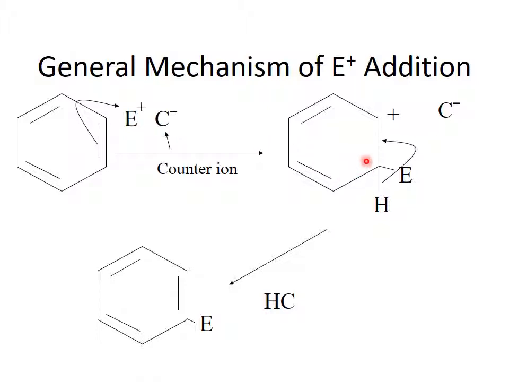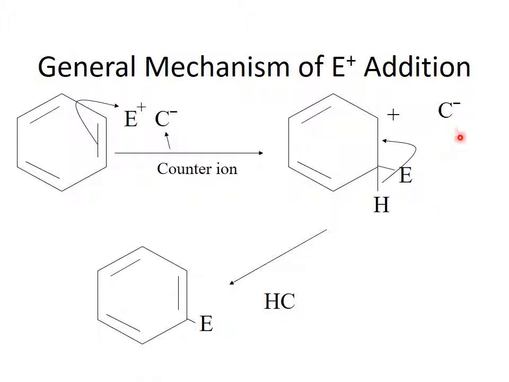It makes this temporary non-aromatic compound, but that intermediate carbocation is stabilized by conjugation with the pi system here, and there are resonance structures that the positive charge can be here, here, and here, and because it's delocalized, that transition state of the carbocation is lowered in energy.